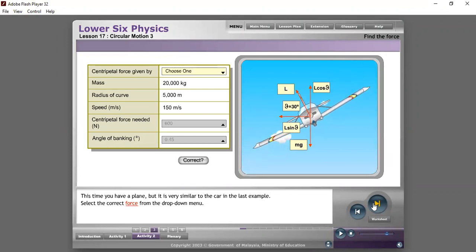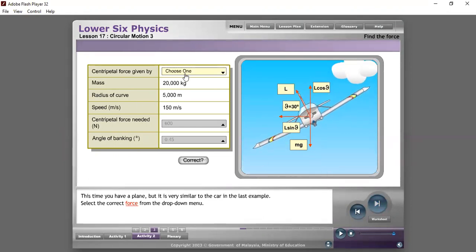Select the correct force from the drop-down menu. When an aeroplane turns left or right, taking a corner, the body of the airplane will slightly incline with a certain angle.